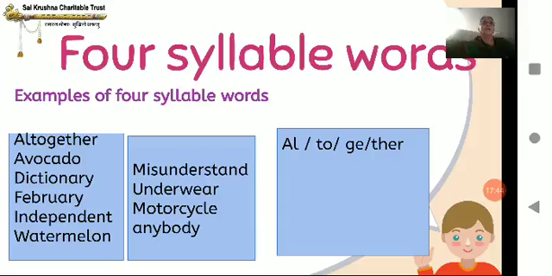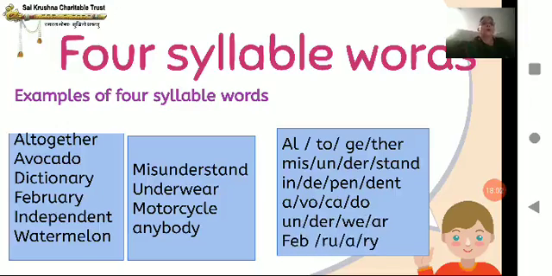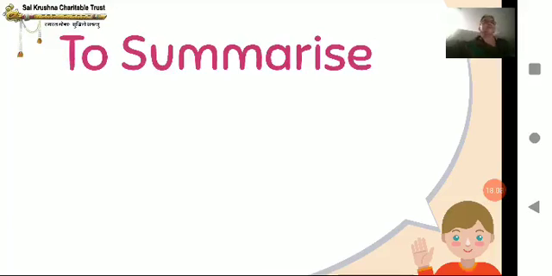So all together, you can break it. Misunderstand, independent, avocado, underwear, February. So these are the ways in which you break the syllables to understand.